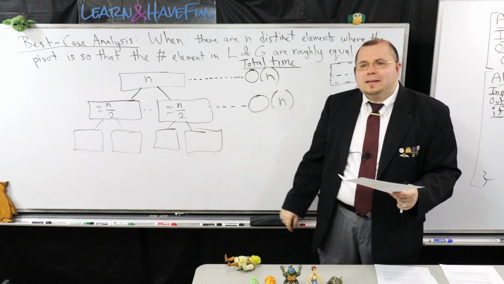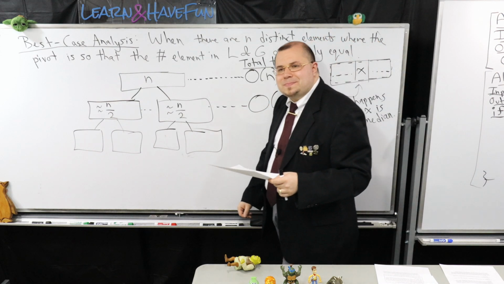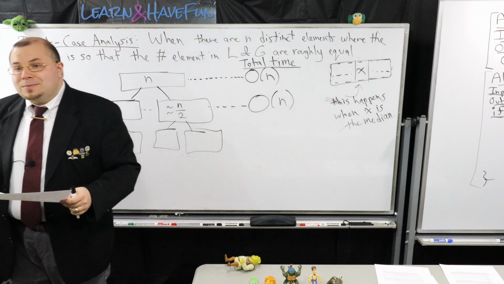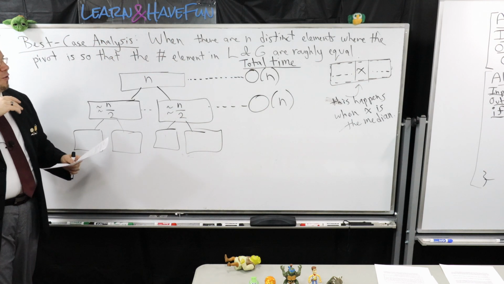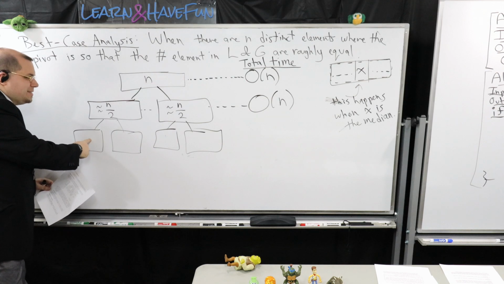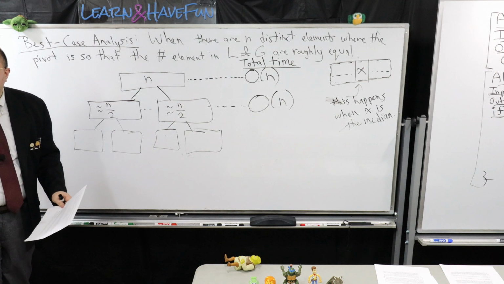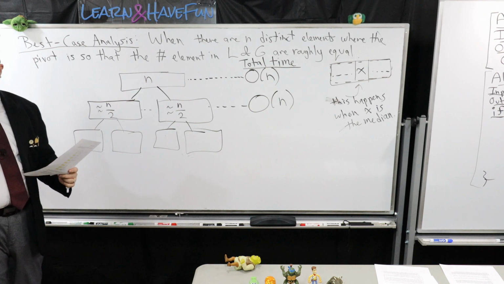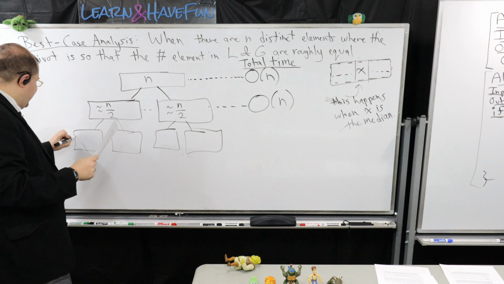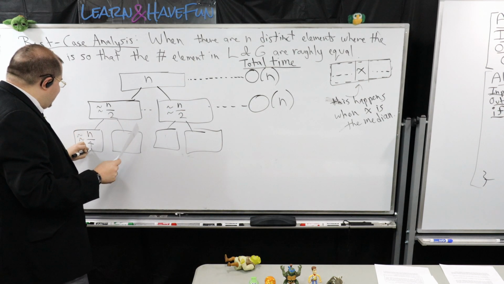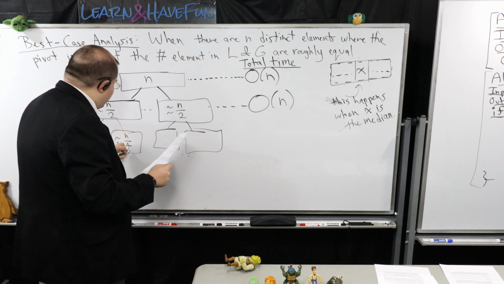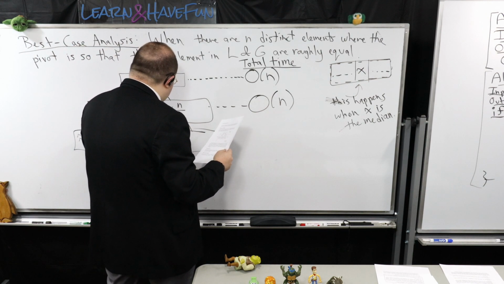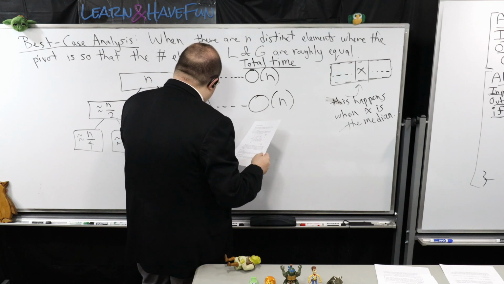Roughly how many? Well, I'm not asking over all the total, but what would I put in this box here? N over 4, yeah. You're getting to the right point here. So these are all going to be approximately a quarter of n. So n over 4.